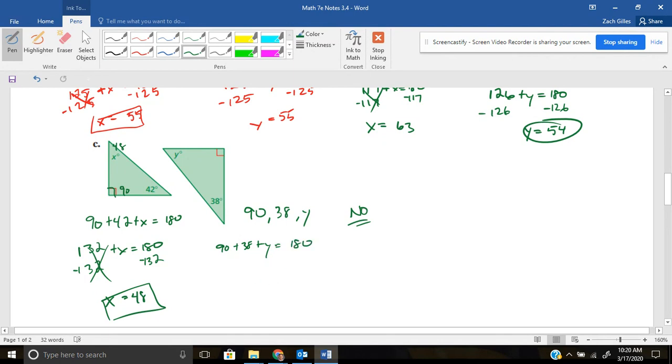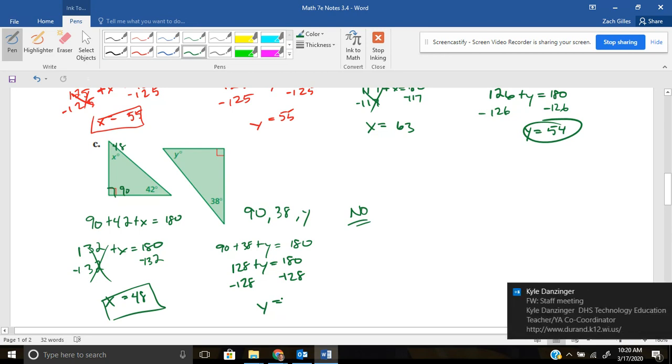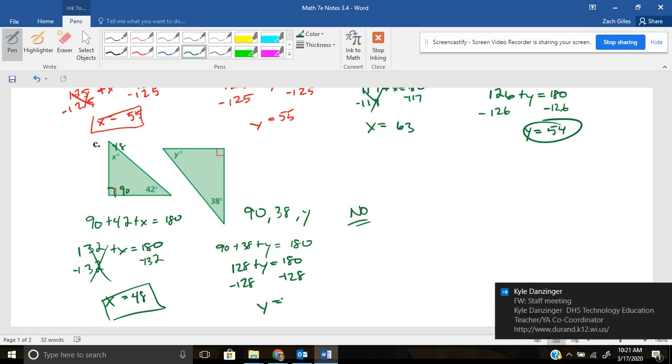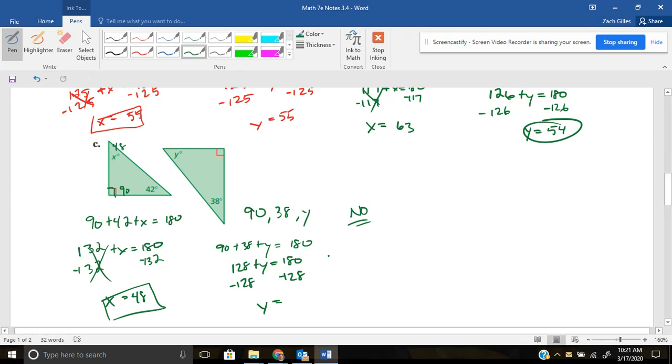Adding my like terms, 90 and 38 will give me 128, plus Y equals 180. Subtract that on each side, and Y would equal 180 minus 128, which would be a total of 52.